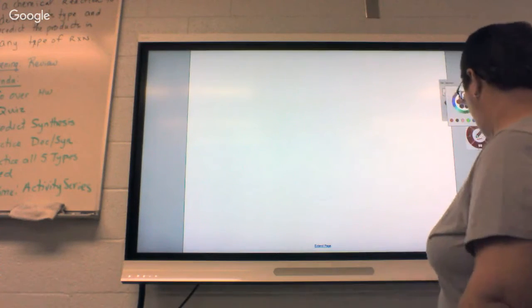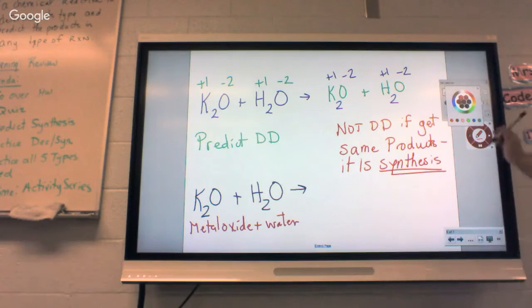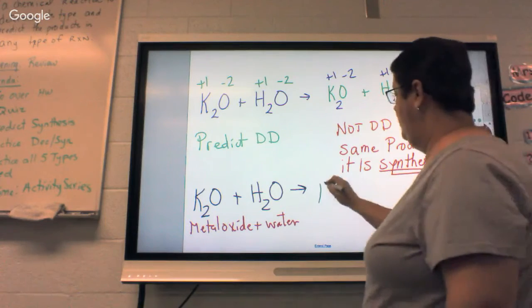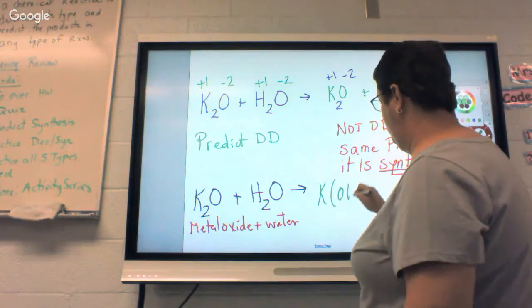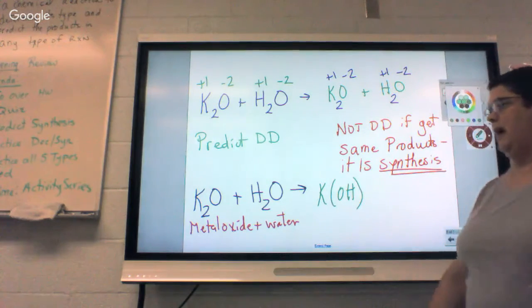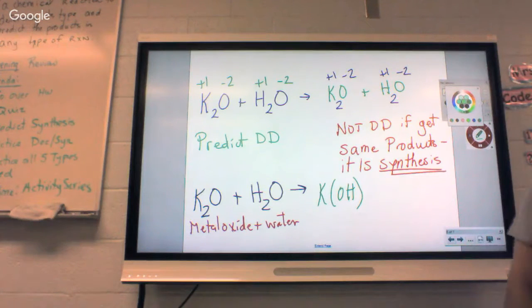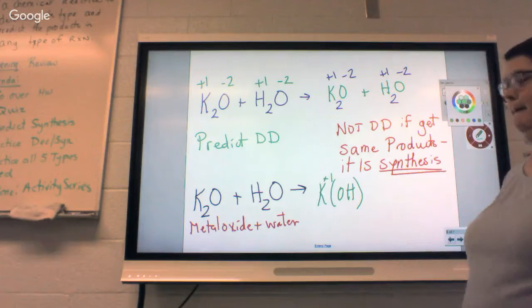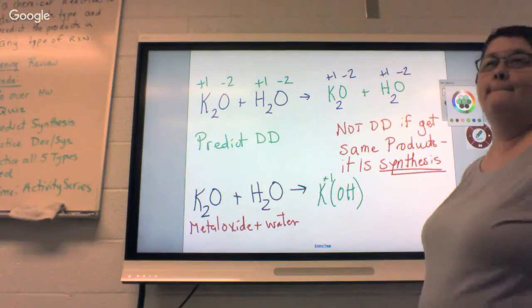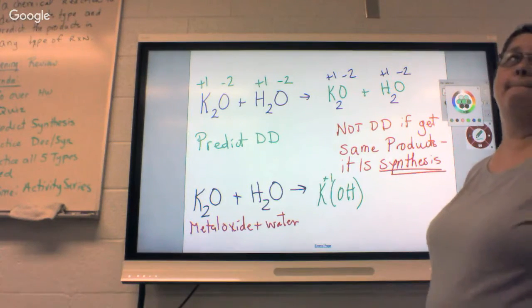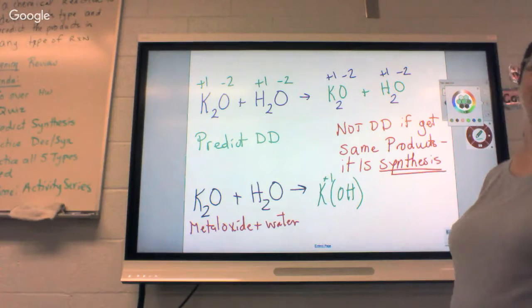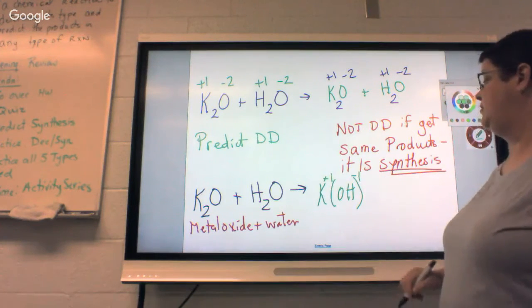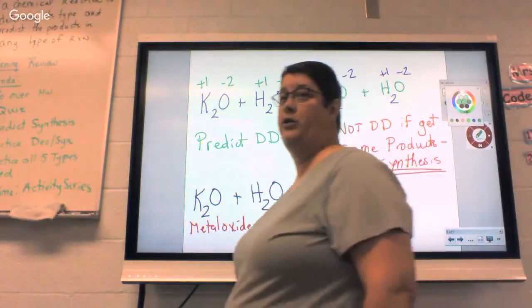if we go back, what is our metal? and we put it with OH. So what's K's oxidation number? What's OH's oxidation number? So the +1 and the -1 do what to each other?